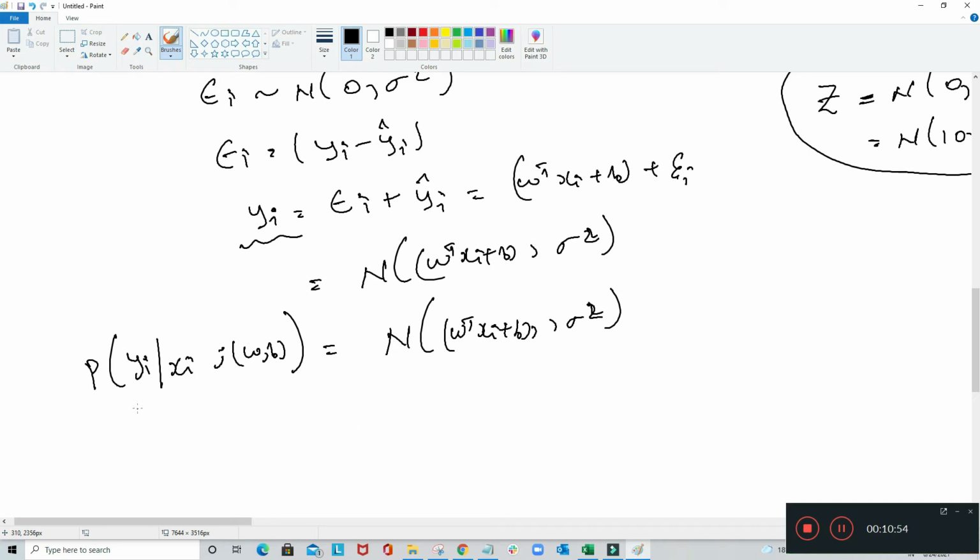As you can see, this is a conditional probability. So for a given value of xi and parameters w and b, I have to find yi.